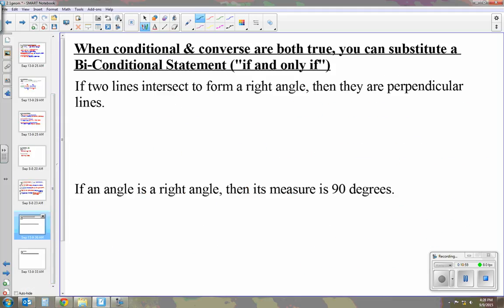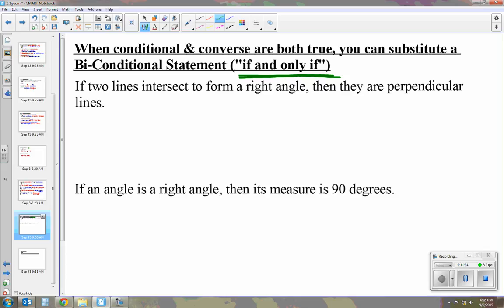And our very last piece is a biconditional statement. When we have a conditional statement that is true and its converse is true, then we can write a biconditional statement, which includes if and only if. And a biconditional statement only applies to definitions, because definitions are the only statements that are true with conditional and its converse.